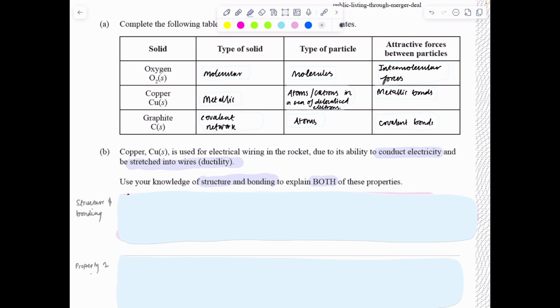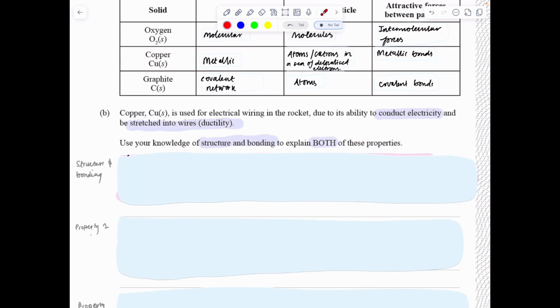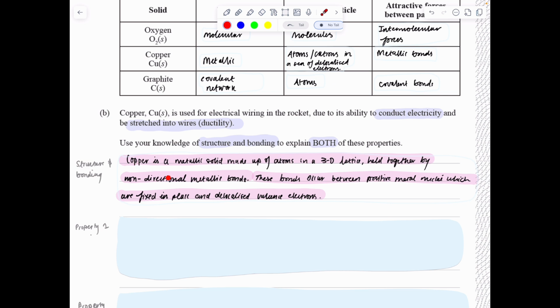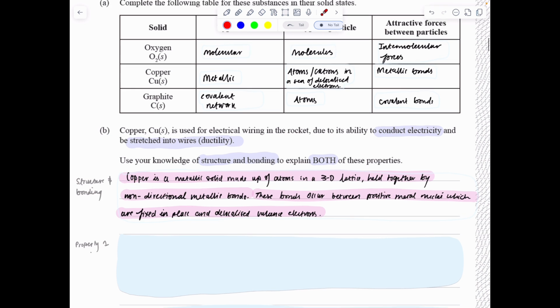So, based on what I've highlighted, what do we have to do? So, structure and bonding. Copper is a metallic solid made up of atoms in a 3D lattice held together by non-directional metallic bonds. These bonds occur between positive metal nuclei, which are fixed in place, and delocalized valence electrons.